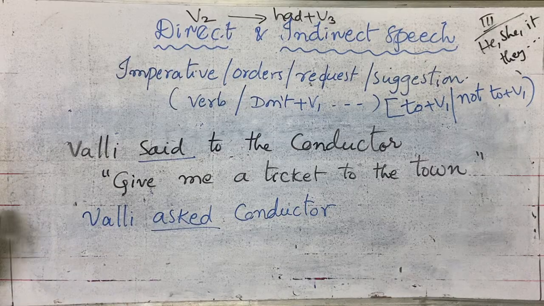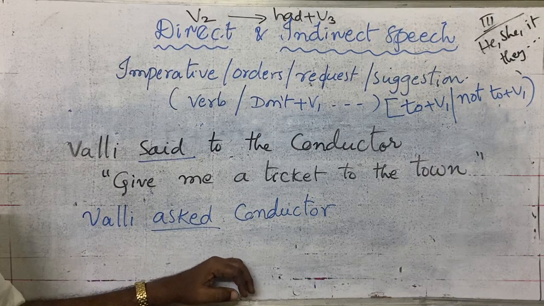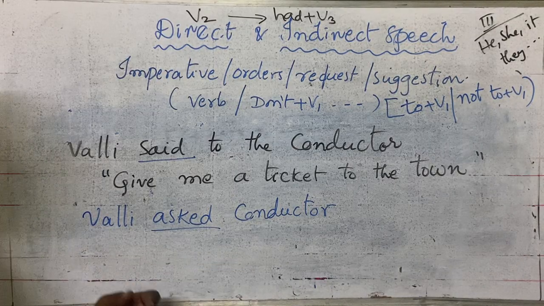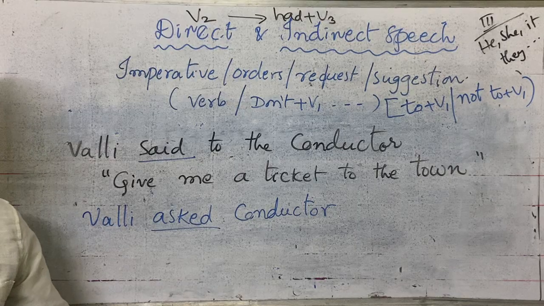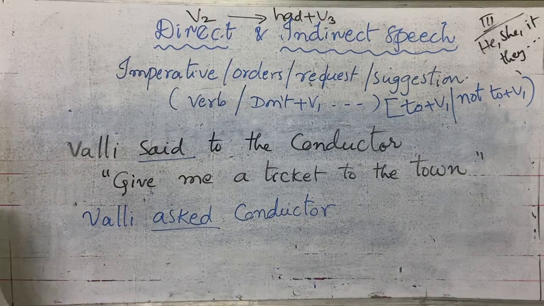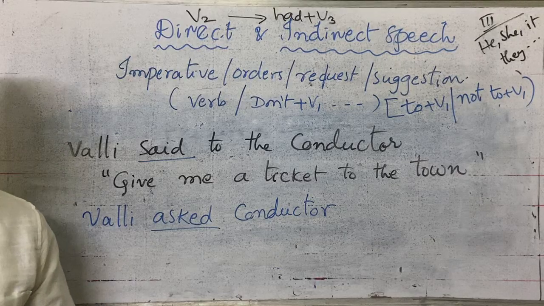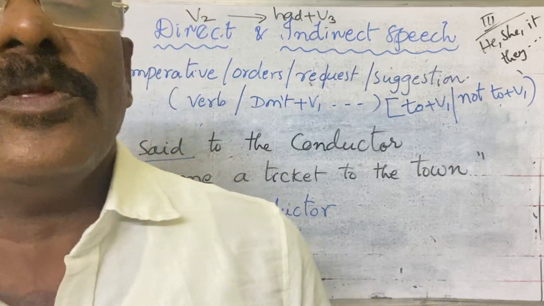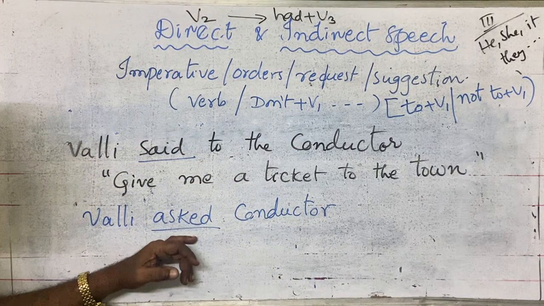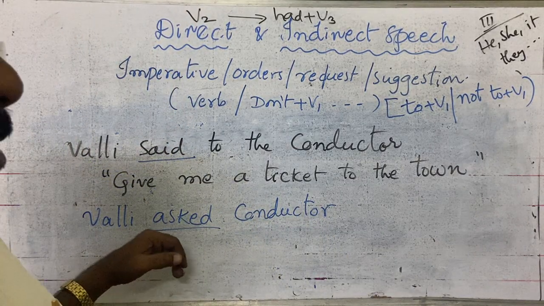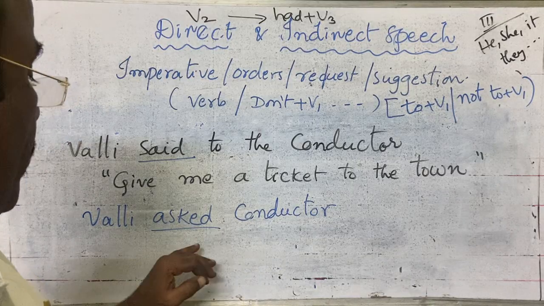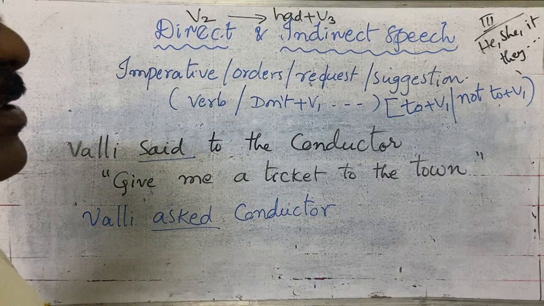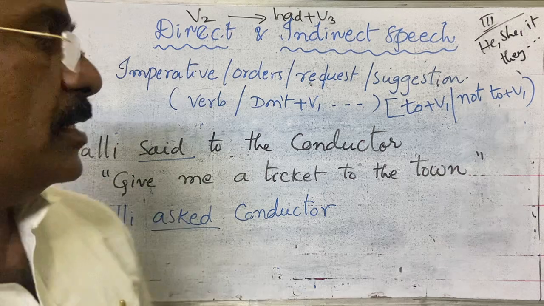Sometimes requesting, then we are saying requested. Sometimes inquiring, then we are saying inquired. Sometimes teacher giving suggestion to the students, then we are saying teacher suggested. Sometimes it is the order giving, so teacher ordered. So it may be asked, requested, informed, inquired. Different will be there according to the sentence.